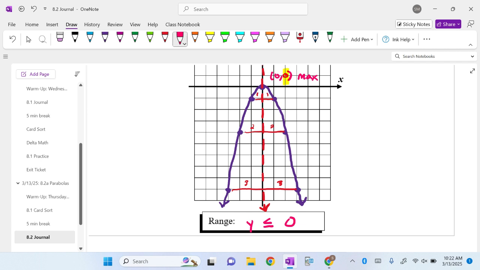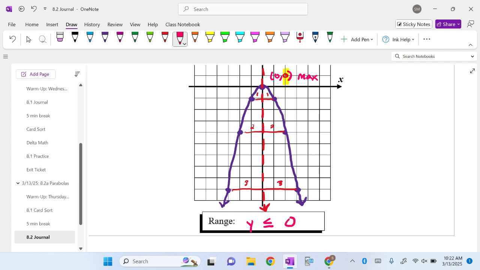These are questions you need to ask yourself while you're doing stuff like this. If they ask you to find the range, you need to ask yourself, okay, we know it's a y value, so that's part of it. We know that it comes from the y value of the vertex. That's the other part of it. And then we just have to figure out the inequality.